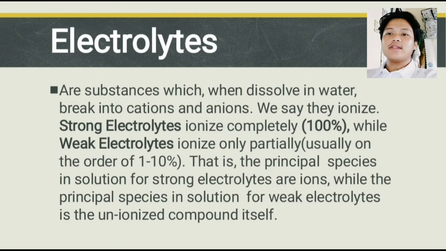Strong electrolytes ionize completely, 100%, while weak electrolytes ionize only partially, usually on the order of 1 to 10% only. That is, the principal species in solution for strong electrolytes are ions, while the principal species in solution for weak electrolytes is the unionized compound itself.